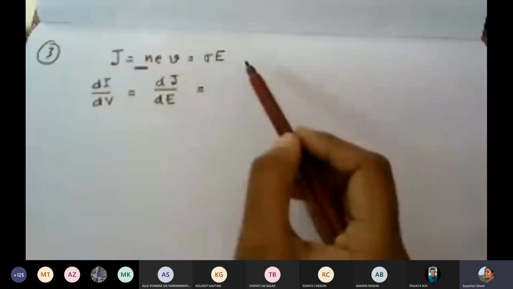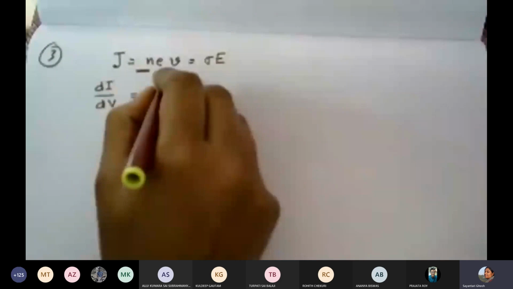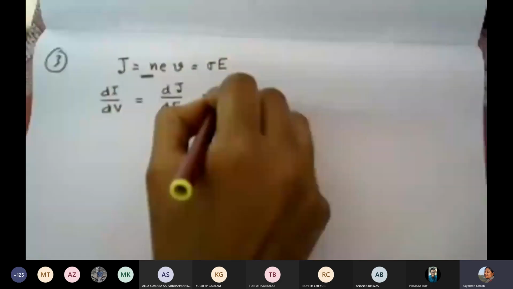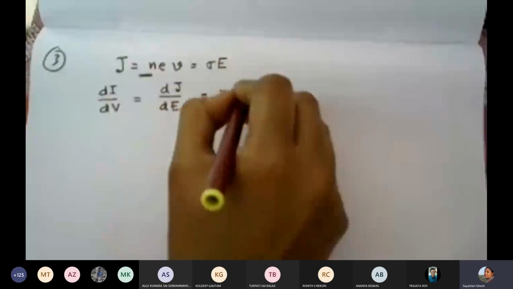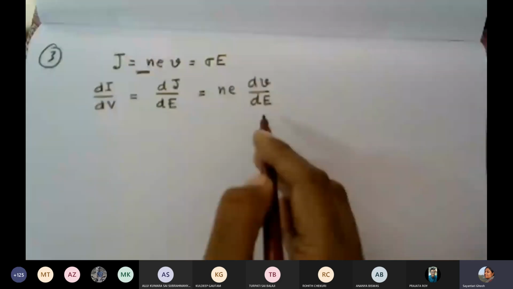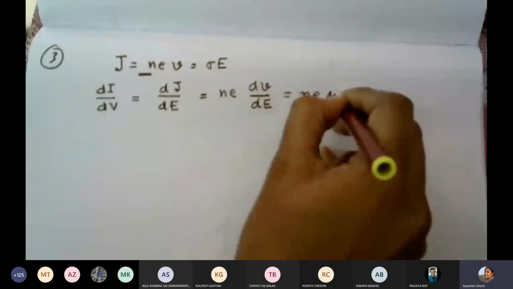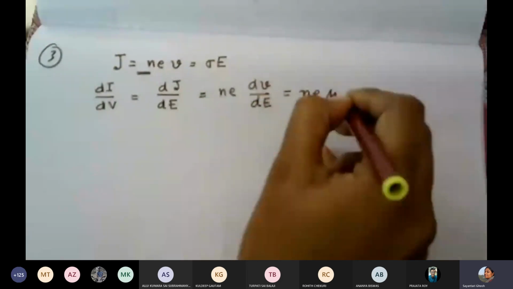So dJ/dE is going to be N e dv/dE, because N and e are constants. Velocity is the quantity that is going to change with electric field.